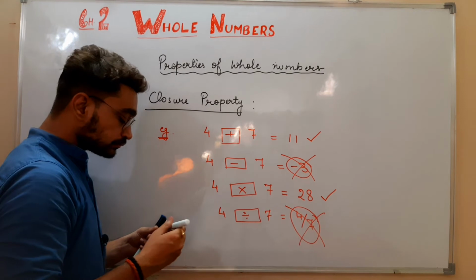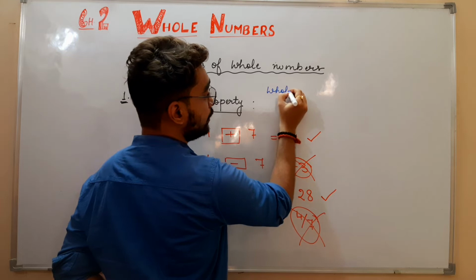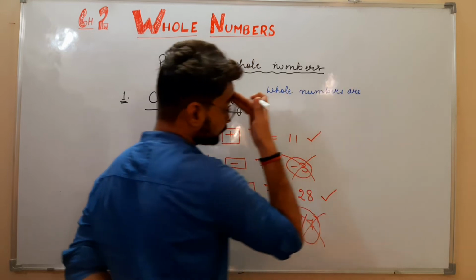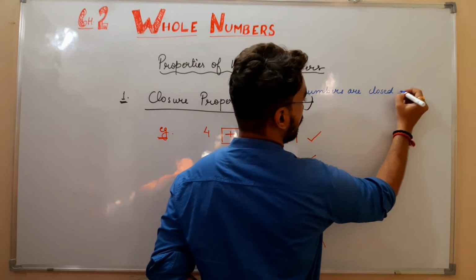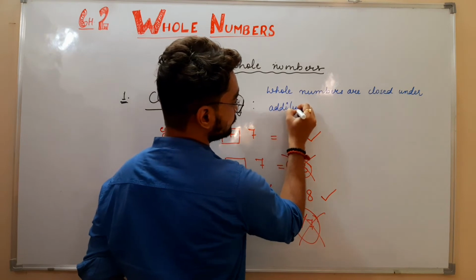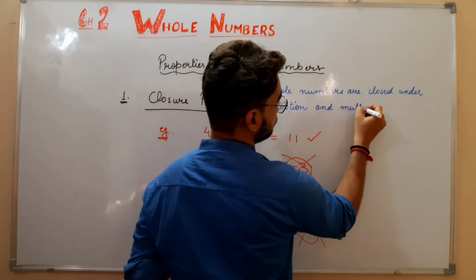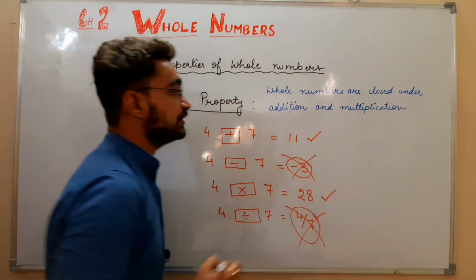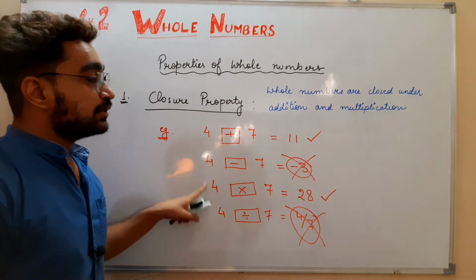So we can say that whole numbers are closed under addition and multiplication. Are closed under addition and multiplication means only under multiplication and addition whole numbers are showing closure property.